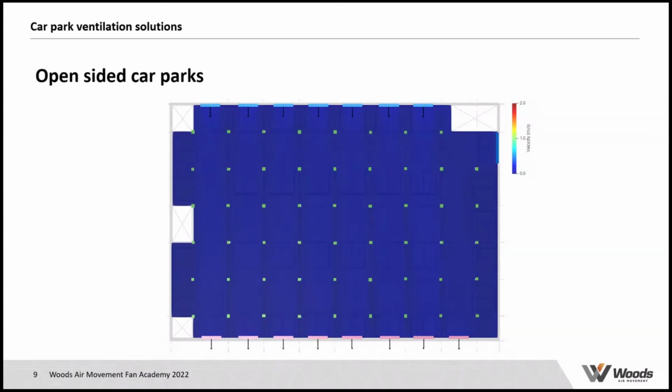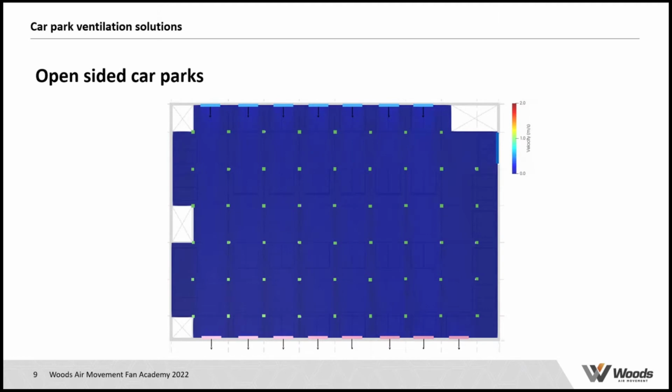Now, thanks to modern technology, we are able to do some simulations of airflows in car parks, because the airflow in car parks is quite often difficult to assess because you quite often have things like columns and other structural obstructions within the car park.